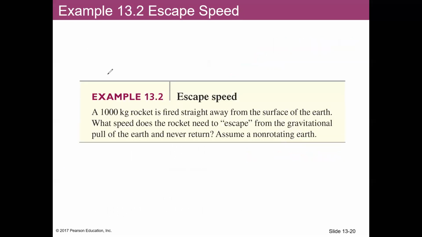So a classic example, which I will briefly mention, and I would highly recommend that you try and work it out on your own, would be escape speed on a certain planet. So they have a 1,000-kilogram rocket launched from the surface of the Earth.